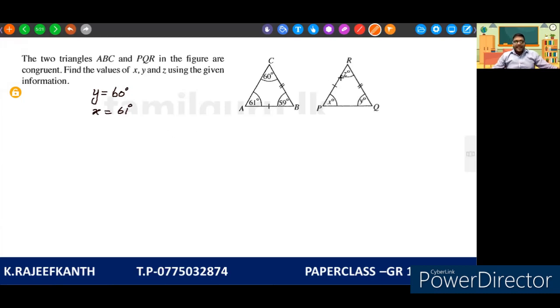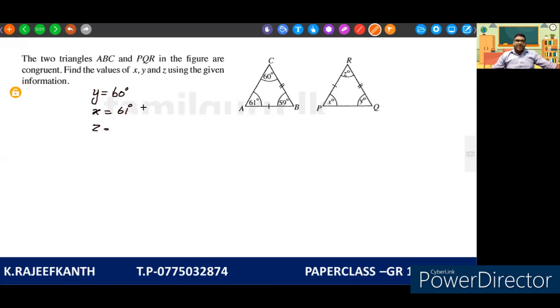Now we have to find the value of Z. Here Z is the opposite angle of side PQ. PQ and AC will be equal because this is the third side of the two triangles, right? Then AC equals PQ. The opposite angle of AC is 59 degrees, and the opposite angle of PQ is Z degrees.